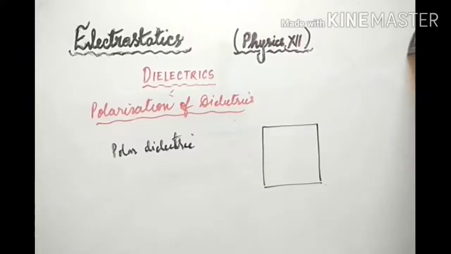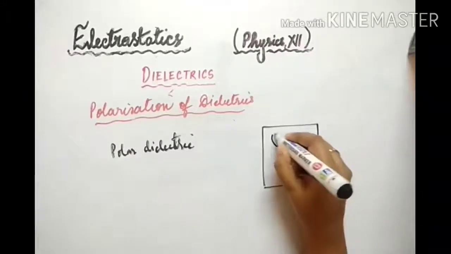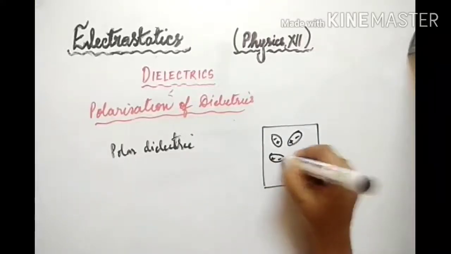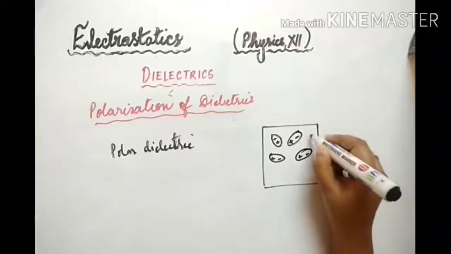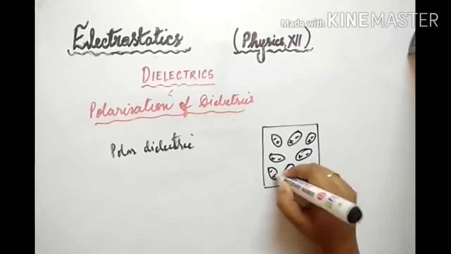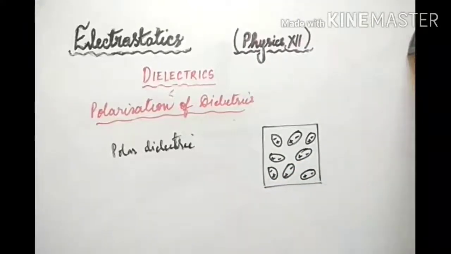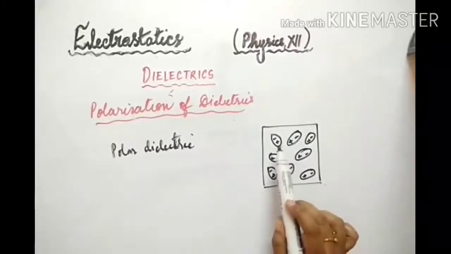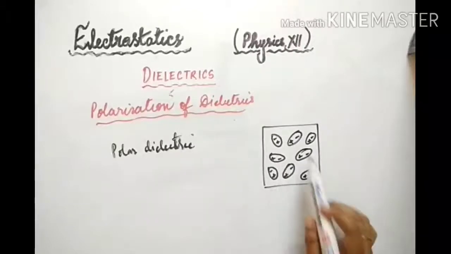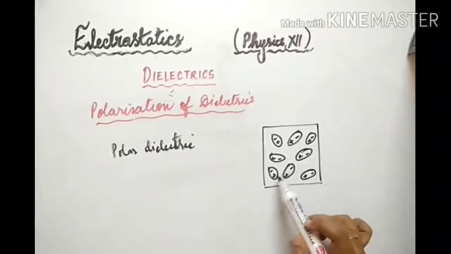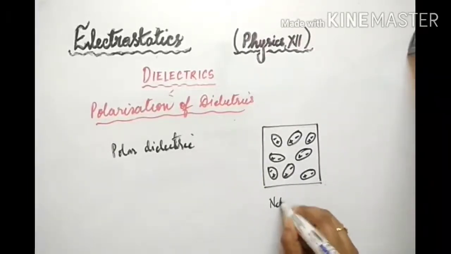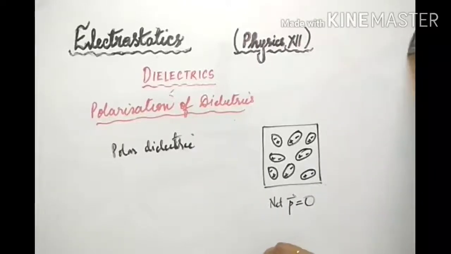In a polar dielectric, the molecules are randomly oriented. So even after having individual dipole moments, the net dipole moment is zero, because the dipole moments of each of them cancel each other out, and so net P becomes zero.